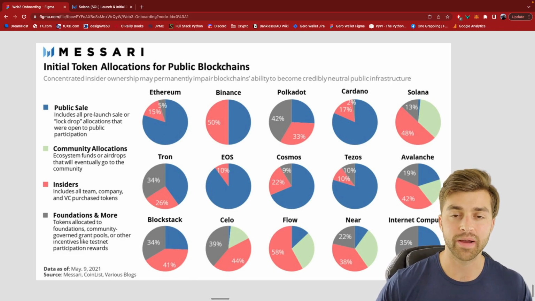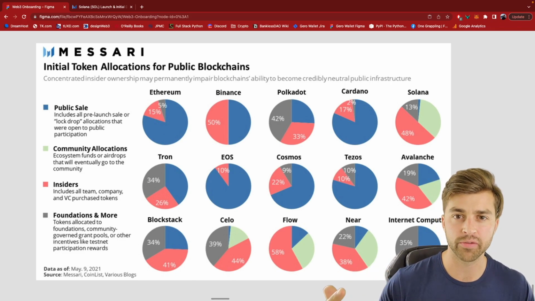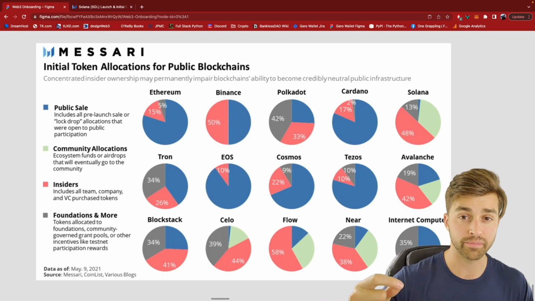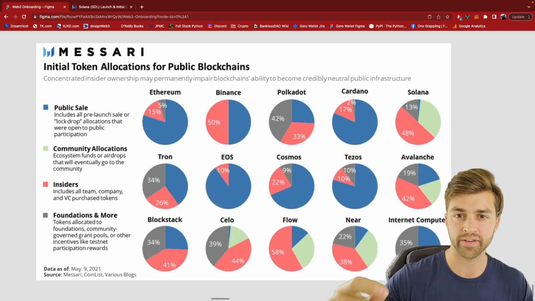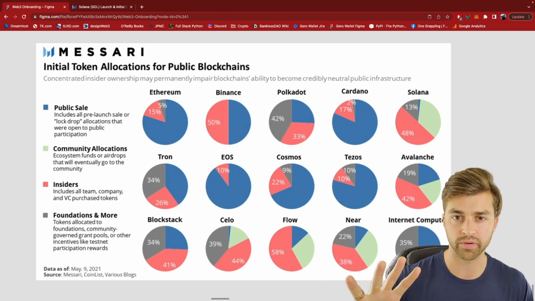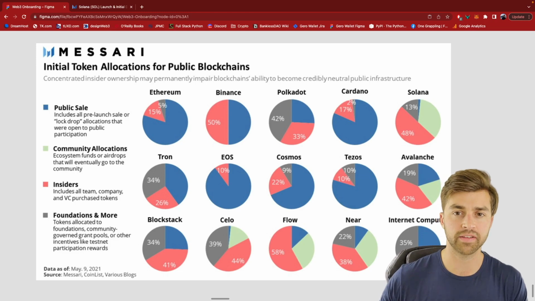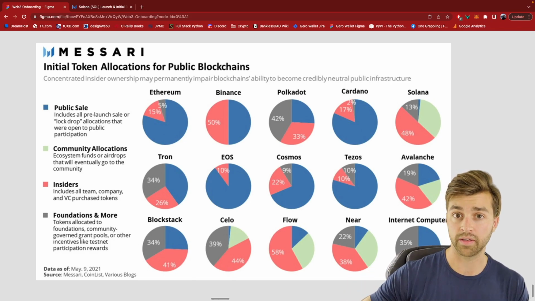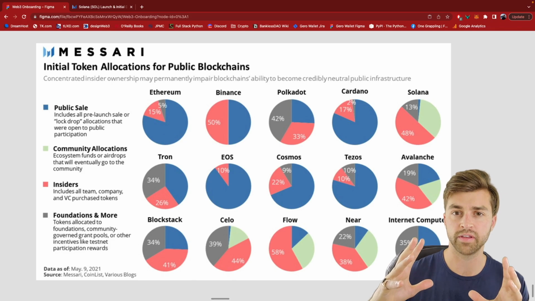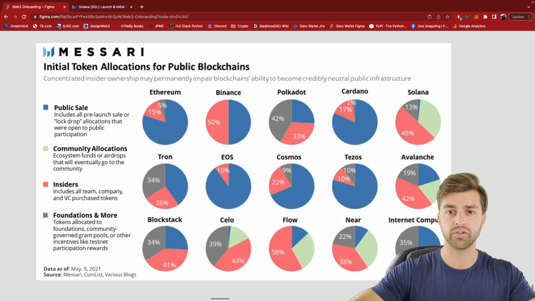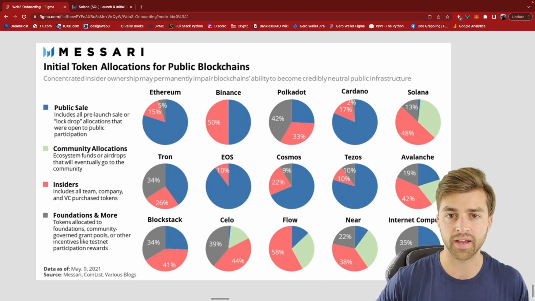So if we're thinking about the ethos of Web3, that of decentralized inclusivity, the best thing would be to have a fair launch, so no pre-allocations of tokens. The next best thing would be to have a crowd sale that distributes a very significant amount of the crypto network's tokens to as vast amount of people as possible.